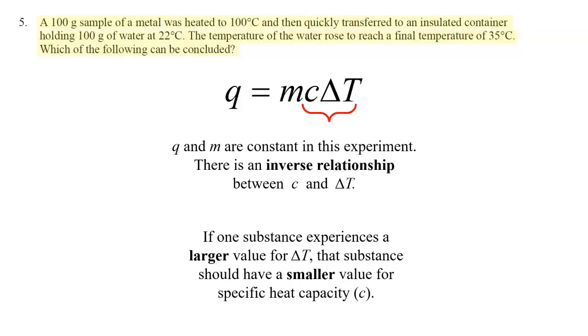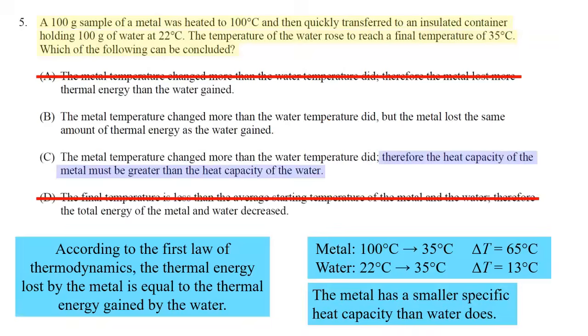Well, they're going to be an inverse relationship in this equation. So as one gets bigger, the other gets smaller. And so if one substance experiences a larger value for the delta T, then that substance should have a smaller value for its specific heat capacity. So because the metal experiences a larger delta T in this experiment, it should have a smaller specific heat capacity. So the metal has a smaller specific heat capacity than the water because it experiences a larger delta T.